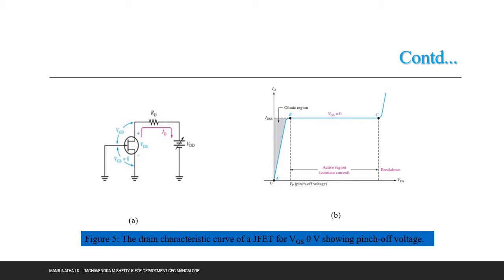So VDS is equal to VP at the pinch-off condition. After the pinch-off voltage, the current stays saturated up to a certain value of VDS, and that region we call the active region, with the condition VGS equal to 0 volts.